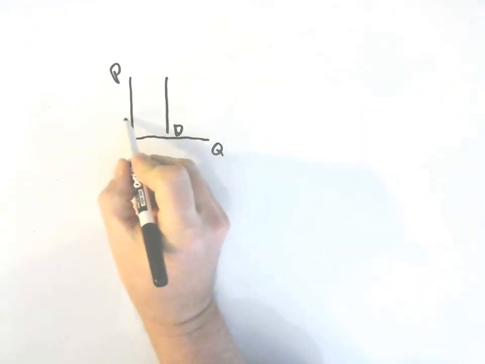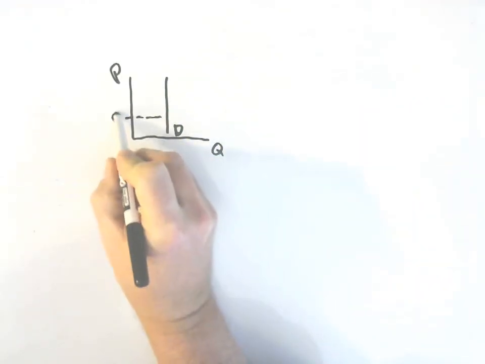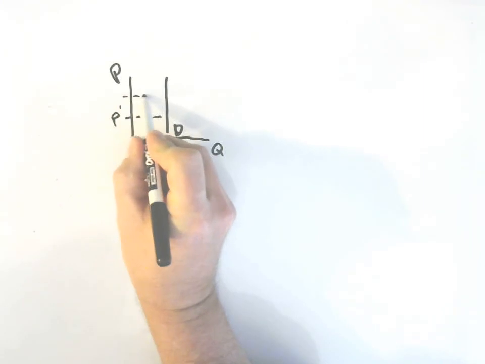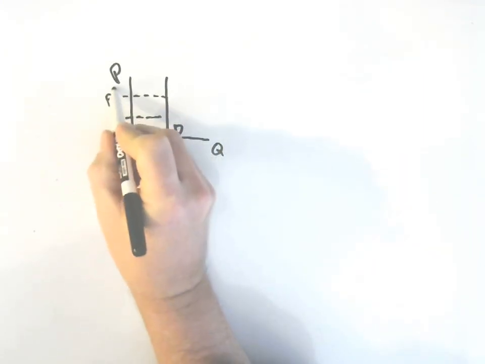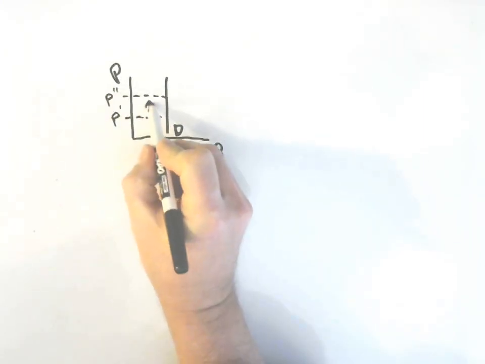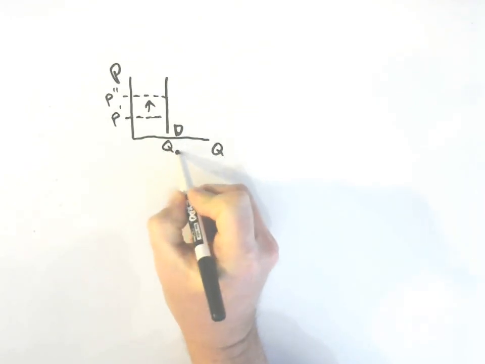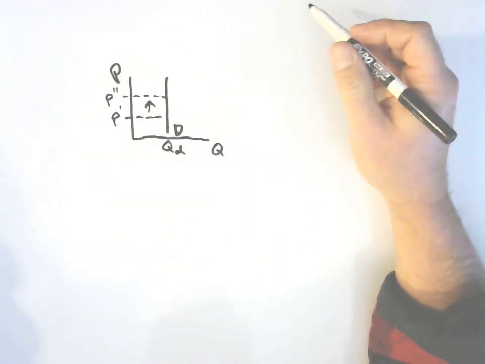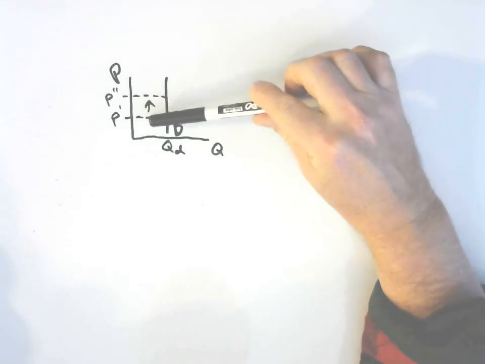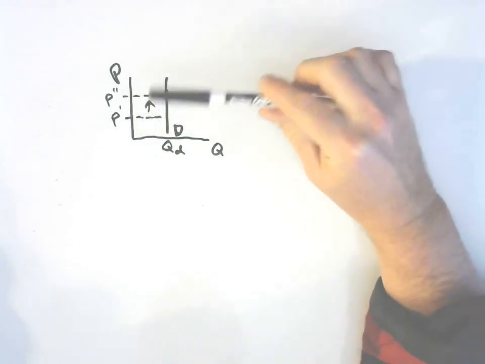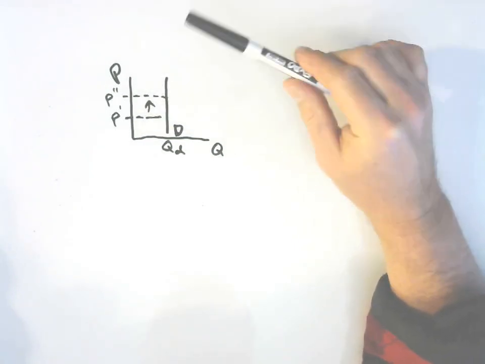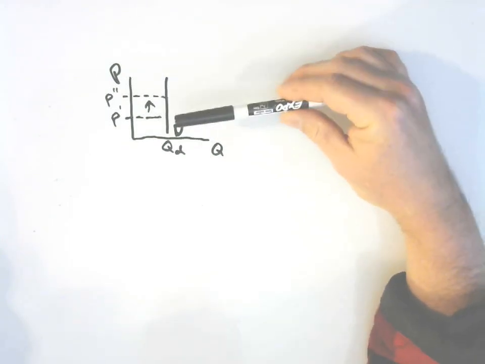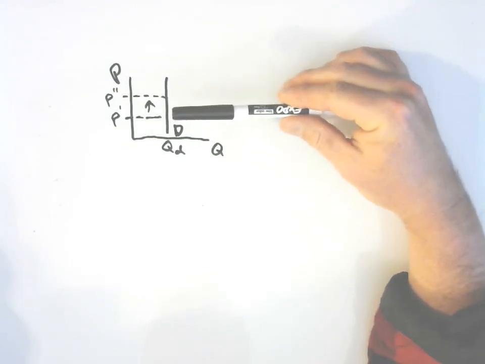In other words, if I raise the price from some P prime to some P double prime, increase the price level, quantity demanded doesn't change at all. I could double the price, I could triple the price, I could raise the price by 1,000%, and quantity demanded doesn't change by anything.